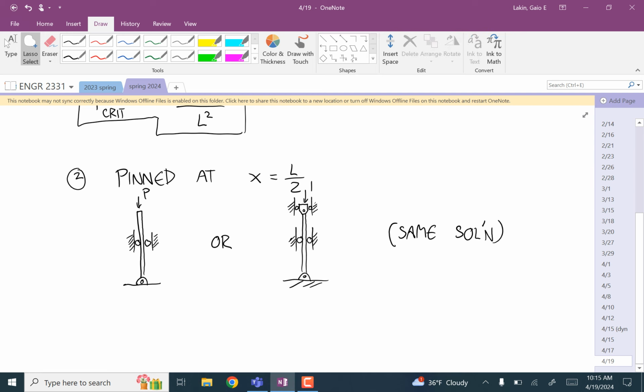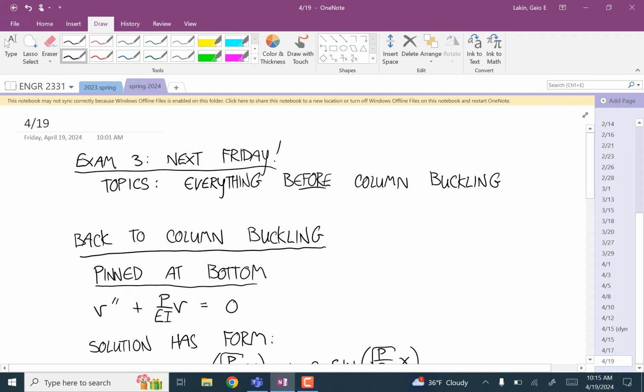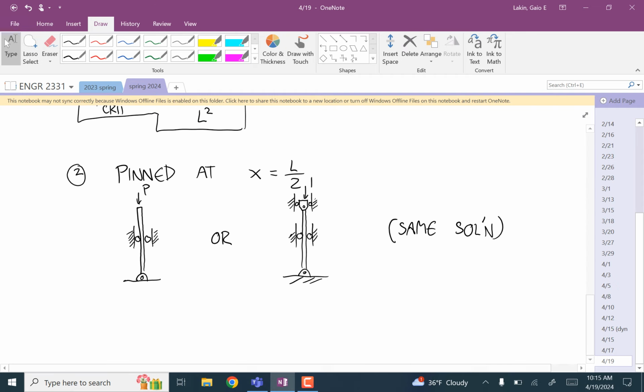If you have the entire column supported on its sides, then you just have the compressive strength.